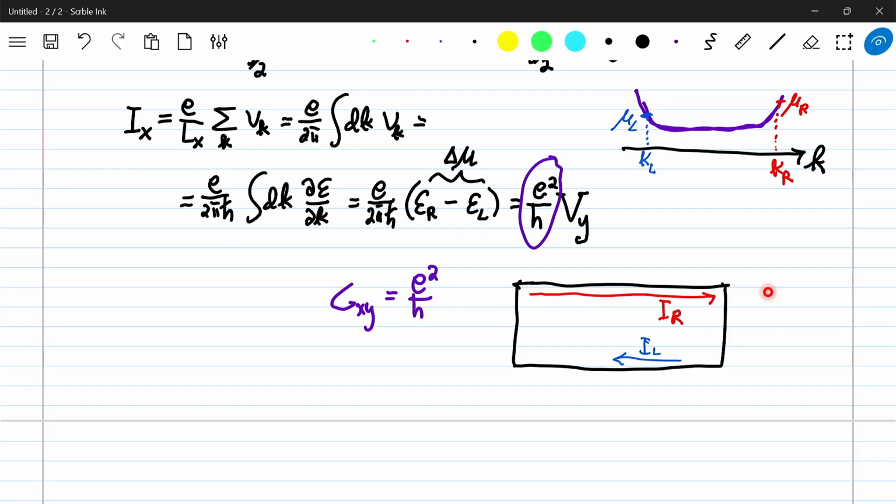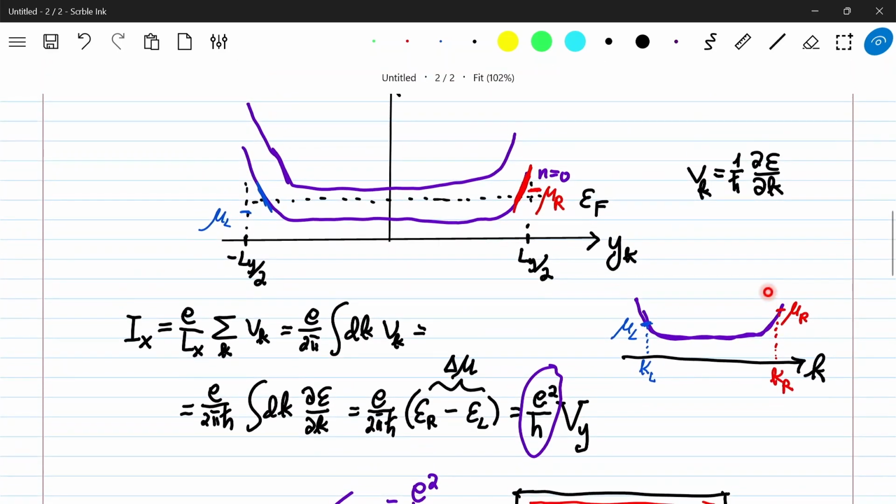What determines it is the direction of the velocity, but you have to define what is the positive direction of x. The way I defined it, the picture is correct, because if you look at the energy dispersion as a function of k, the slope is positive, so it goes in the right direction of x.